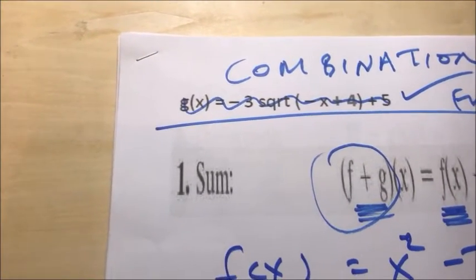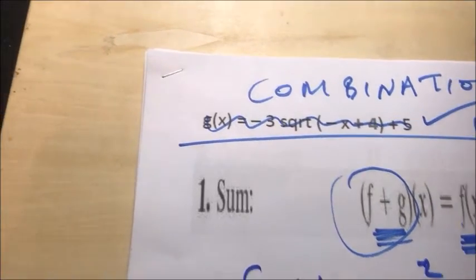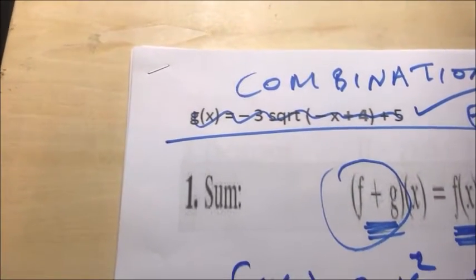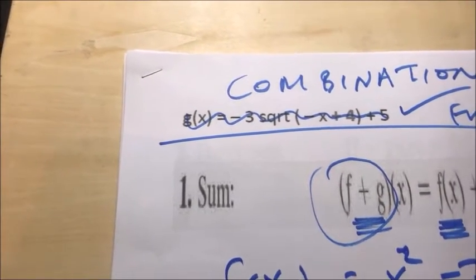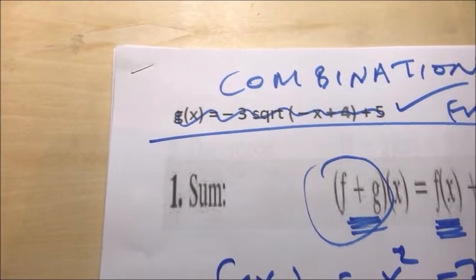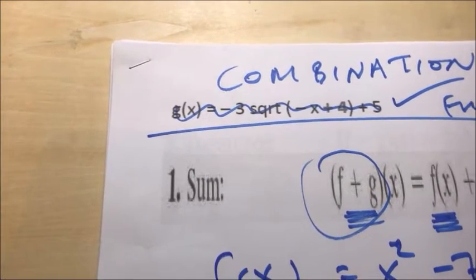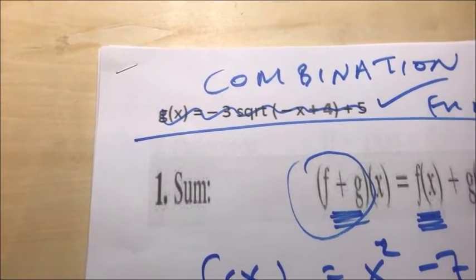and I have g of x is equal to 7 plus sine x.